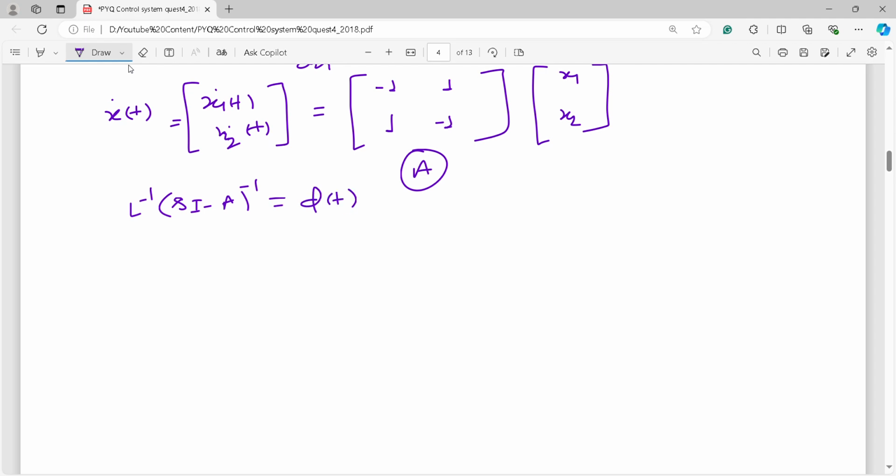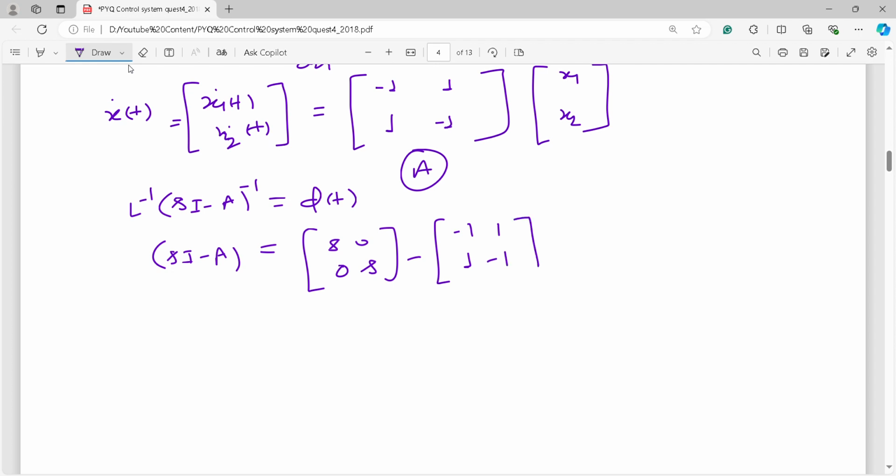So sI minus A equals, where I is the identity matrix. Here we are taking a 2 by 2 identity matrix, s on the diagonal and 0 elsewhere, minus the A matrix, which is -1, +1, +1, -1. So how much is coming?